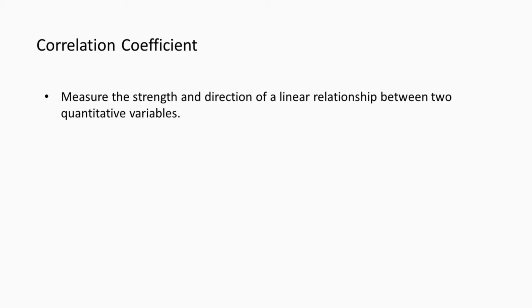And the correlation coefficient. Correlation coefficient measures the strength and direction of a linear relationship between two quantitative variables. When we talk about the correlation coefficient, we meet Karl Pearson's coefficient.